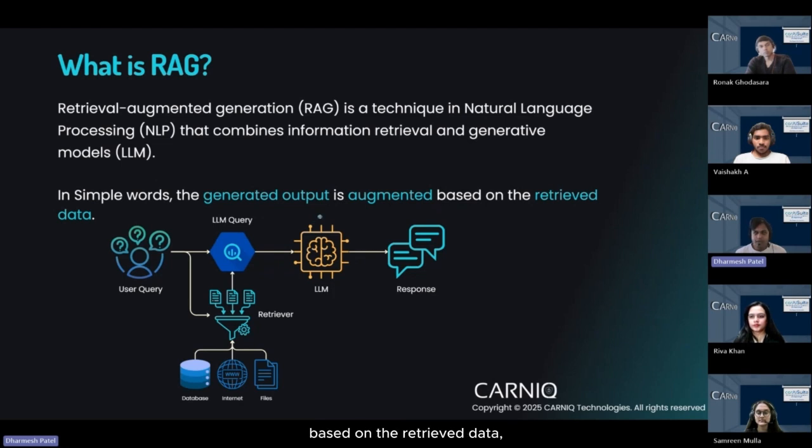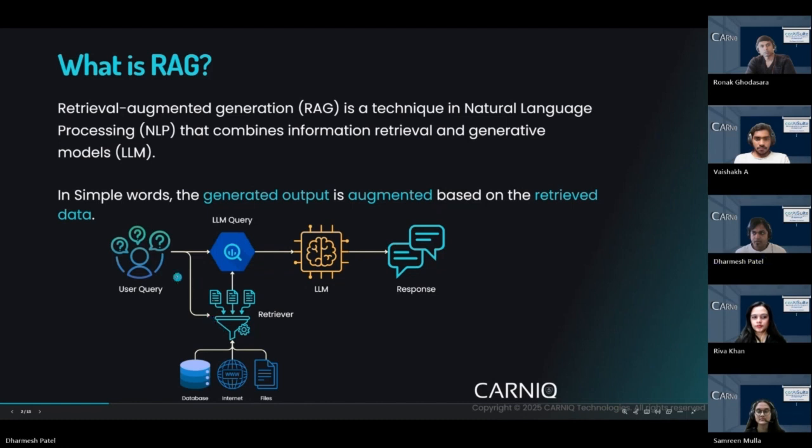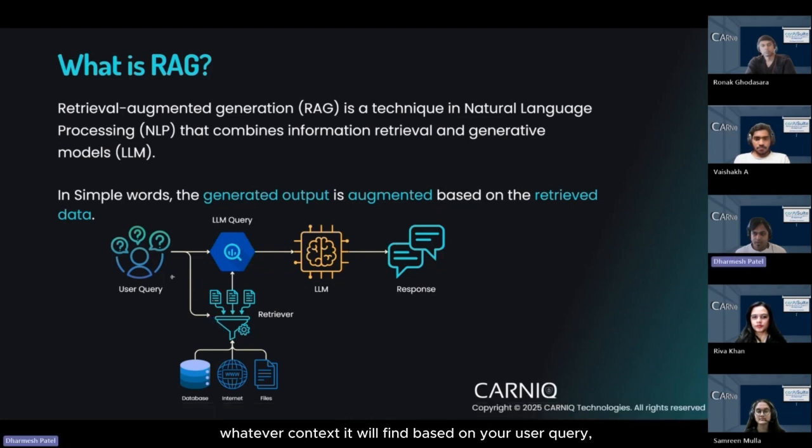on the retrieved data. In the image you can see here that as a user you ask a user query, there is retrieval, which is basically accessing your data, which could be your private database, internet, or private files. Whatever context it finds based on your user query, it will retrieve and prepare the LLM query.